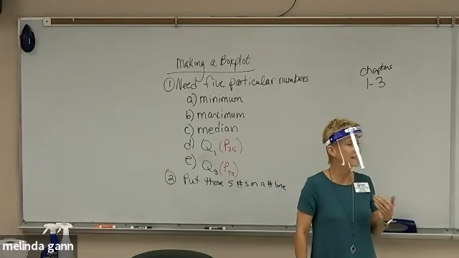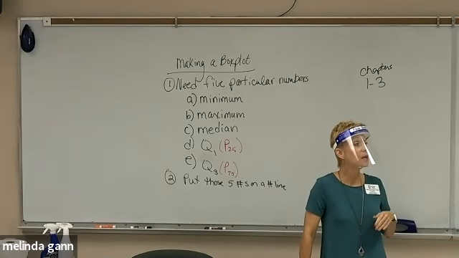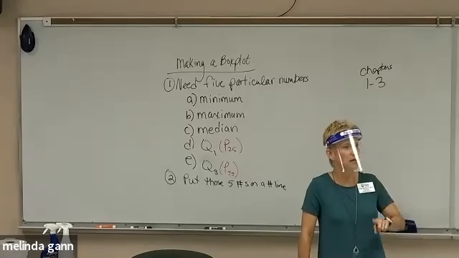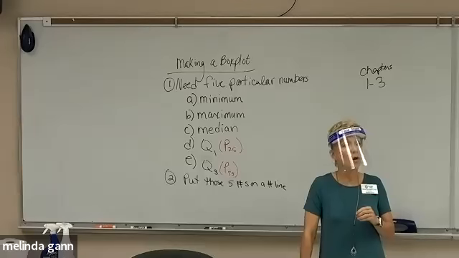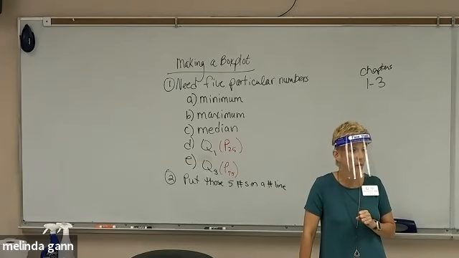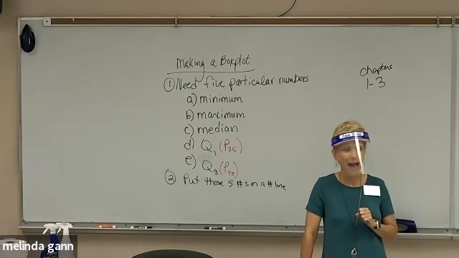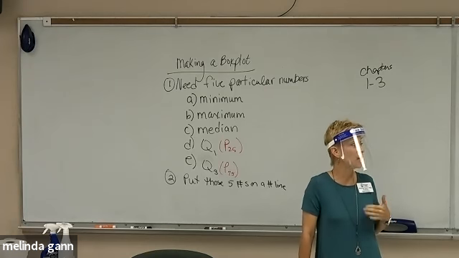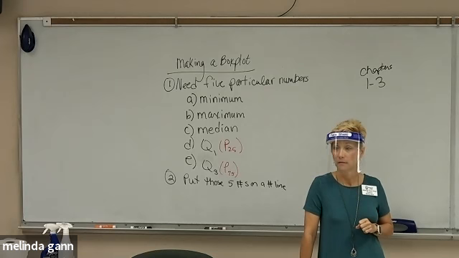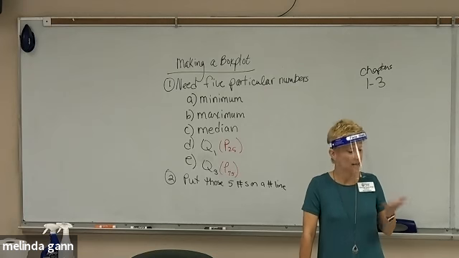Now, if it's quantitative, if it's numbers, you can talk about those numbers being discrete or continuous. Which one has a finite number of possibilities with gaps in the measuring scale? Discrete. So give me a real life example of discrete data, because I might give you that on your test.